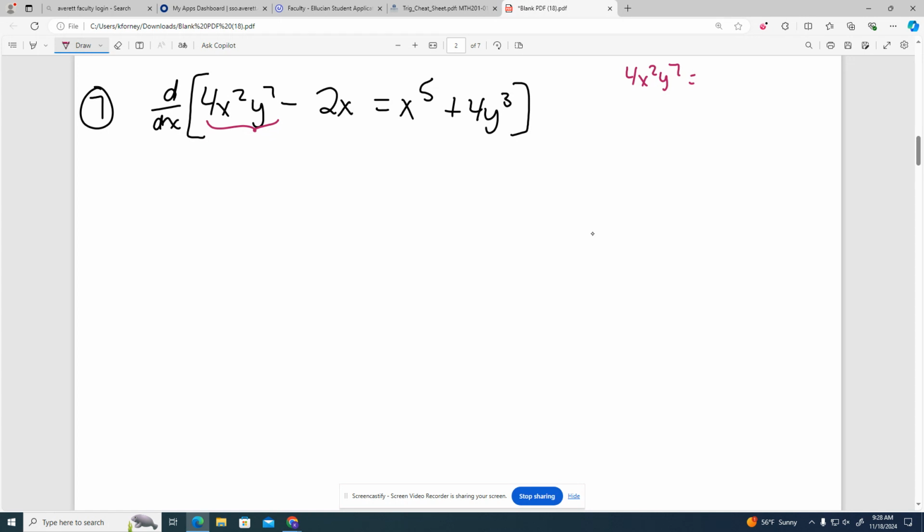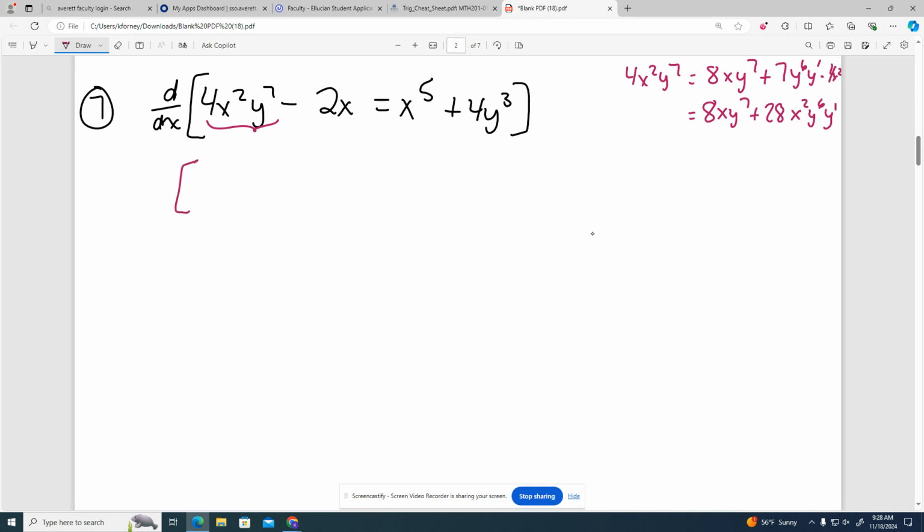Yeah. So that would be 8x times y to the 7th plus the 7y to the 6th y prime times 4x squared, which is 8xy to the 7th plus 28x squared y to the 6th y prime.